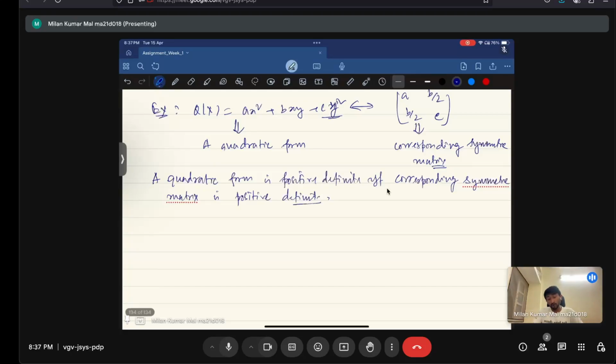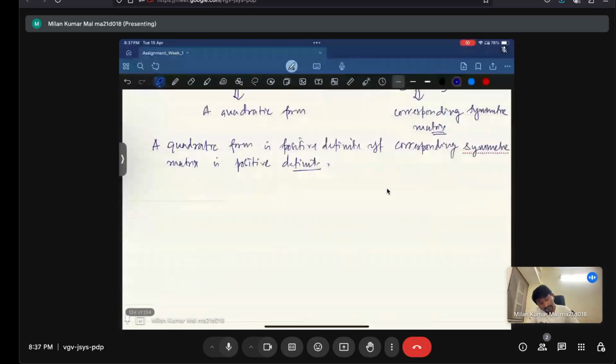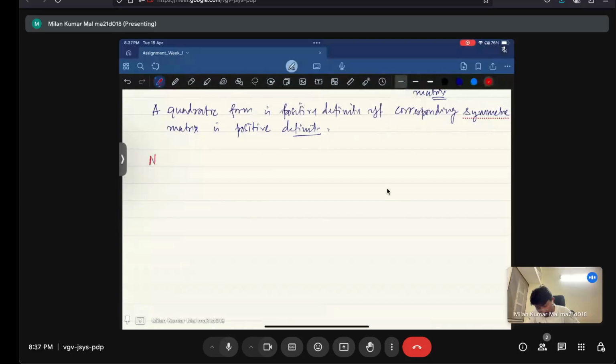Okay. What is the definition of positive definiteness? So let's see the negative definiteness. What is the negative definiteness?